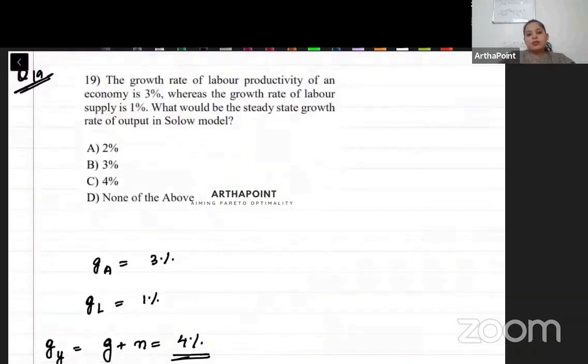The growth rate of labor productivity is 3%, and labor supply is 1%. What is the steady state growth rate of output in the Solow model? So just one alert here.